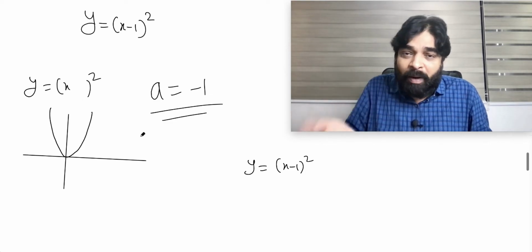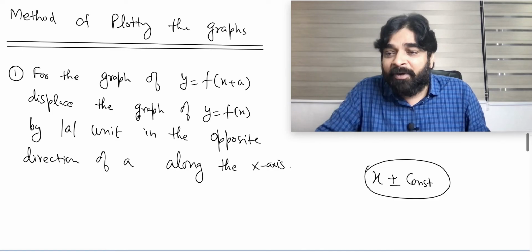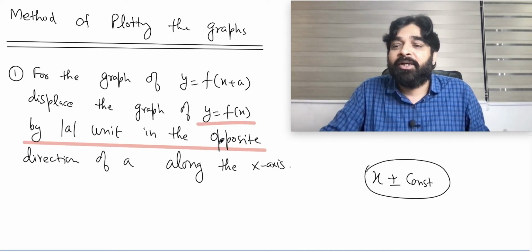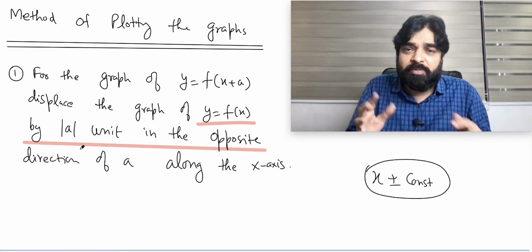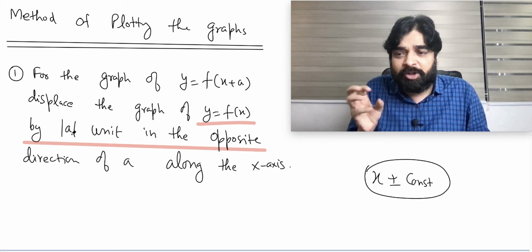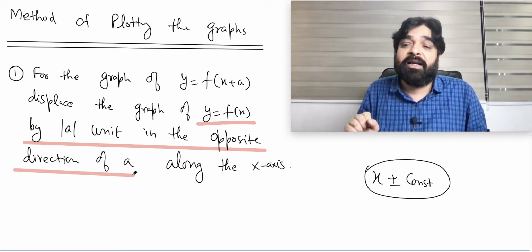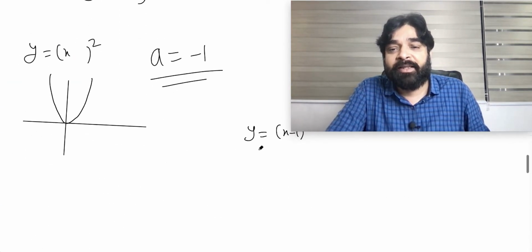Minus 1. So what I said in the method, you have to displace the graph of y equal to f(x) by mod a units. Why did I write mod? Because a may be positive, may be negative. We have to displace, so you have to take only the positive value. So take mod a units in the opposite direction of a. Think carefully.